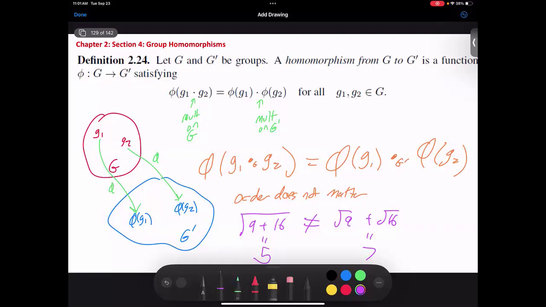One of the goals is to try to reduce complicated objects to simpler objects. Sometimes you have more than one representation of the same thing. And this is going to allow us to say that two very different things turn out to be the same.